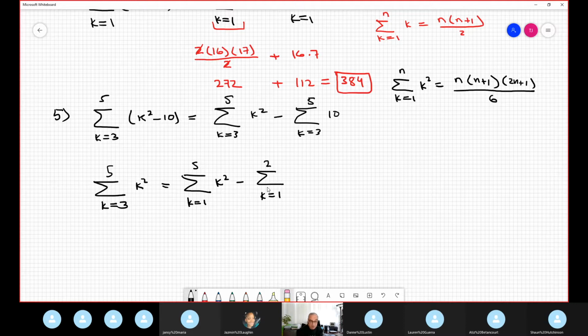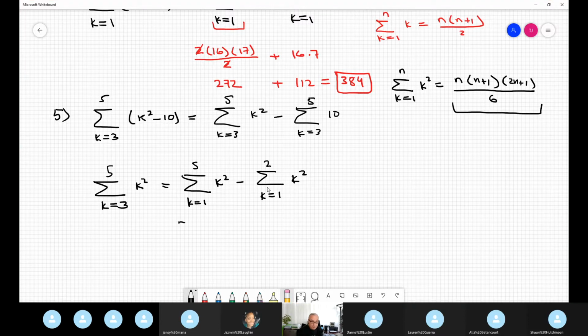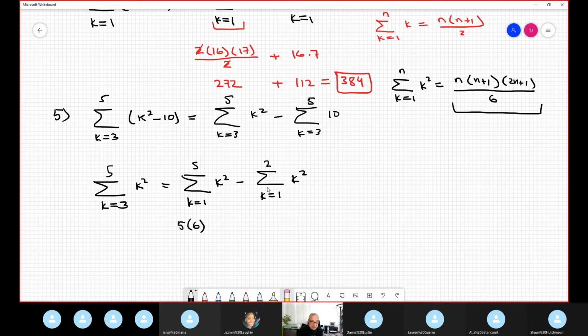It makes sense, right? Okay, now ready to apply the formula. This formula: 5 times 6, multiplied by 2 times 5 plus 1, which is 11, divided by 6.